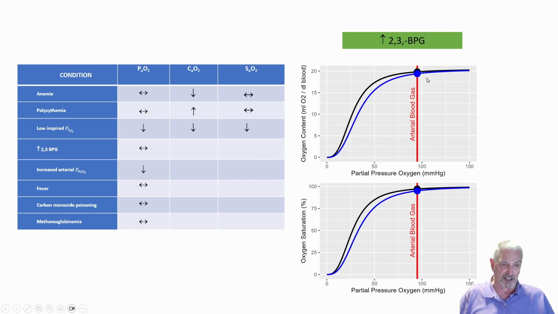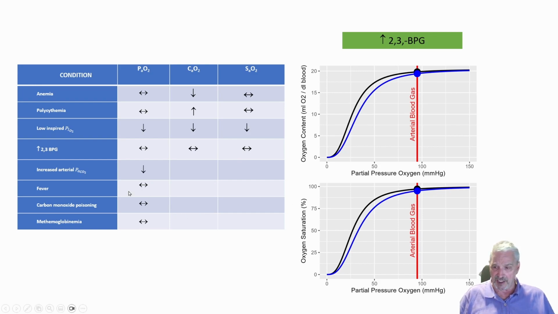And these are going to be clinically indistinguishable from each other, the black and the blue dot, in either of these circumstances. So we're going to say no change or negligible change in content and saturation when we have an increase in 2,3-BPG.